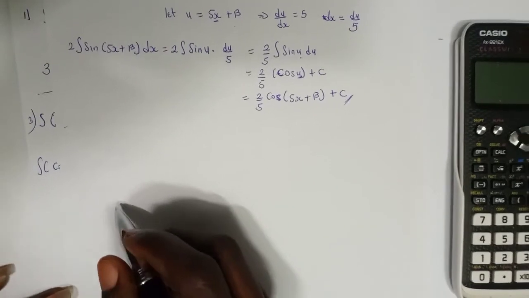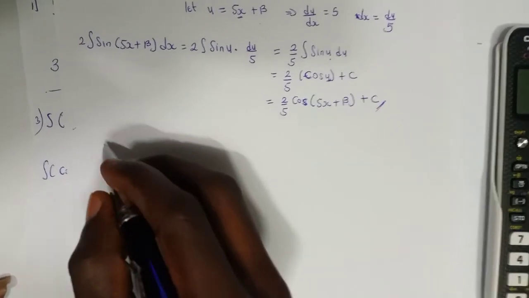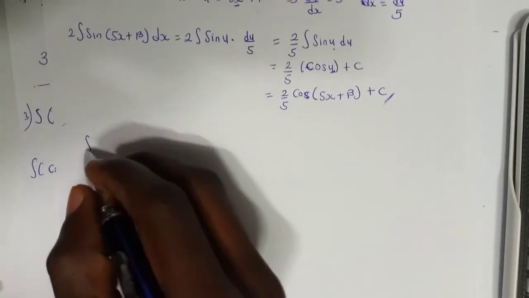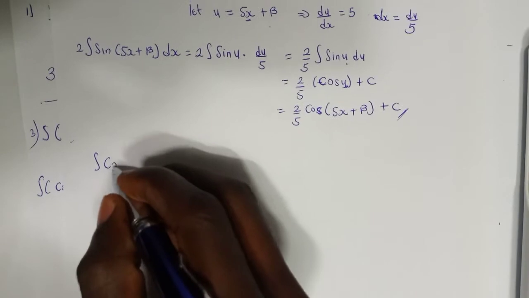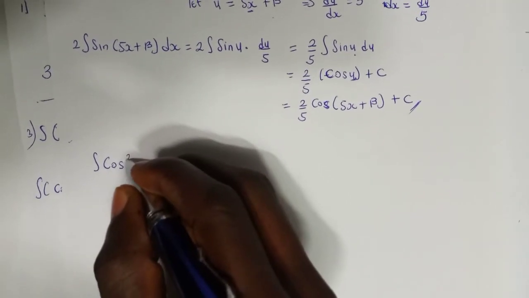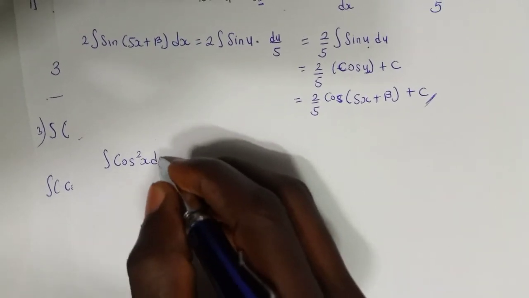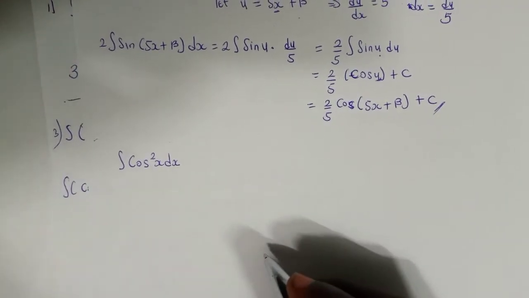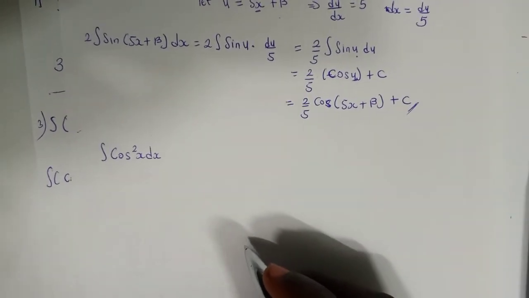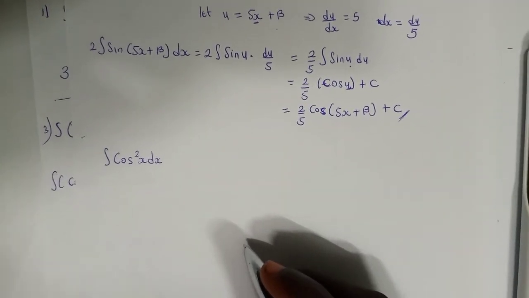So this is our final answer. Okay, let's move on. Let's try this. Integral of cos square x dx. Here we are going to apply the properties of trigonometry, that's the trig identity.